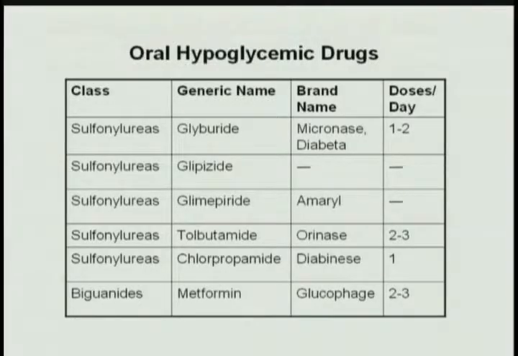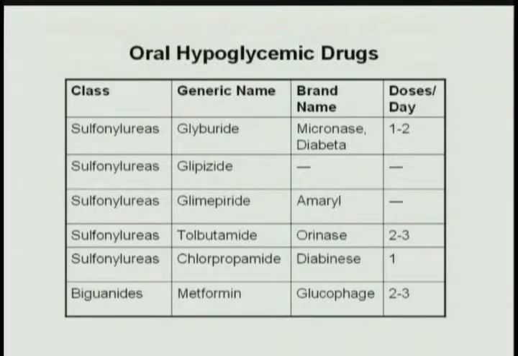So let's go a little further down and talk a little bit about the medication. I want to tell you about the first line drugs to treat type 2 diabetes. Remember, oral hypoglycemic drugs can only be used in type 2 diabetes, so we're only talking about treatment of type 2 diabetes here.